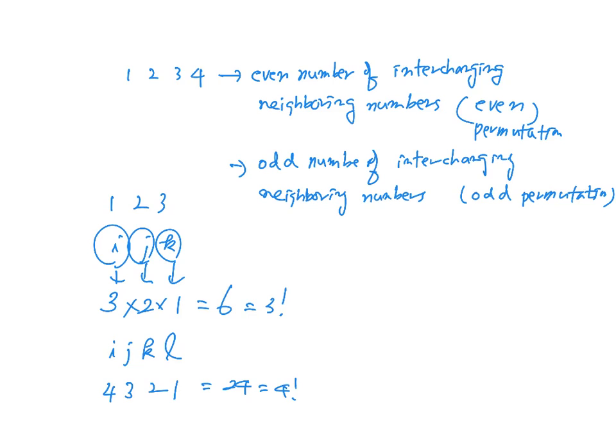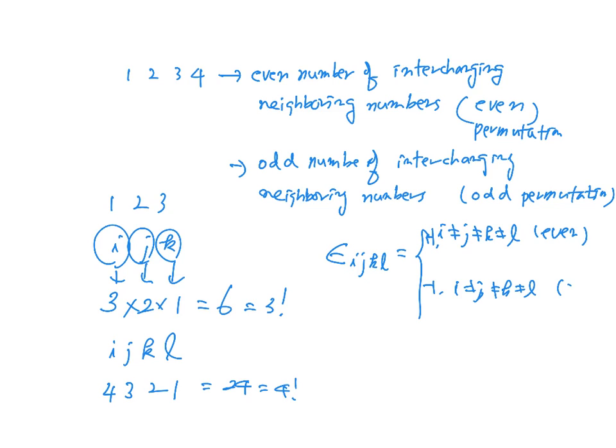And with 4 indices, we have the same, 24. So we can introduce epsilon I, j, k, l as plus 1 for even, minus 1 for I, j, k, l odd, and 0 otherwise.